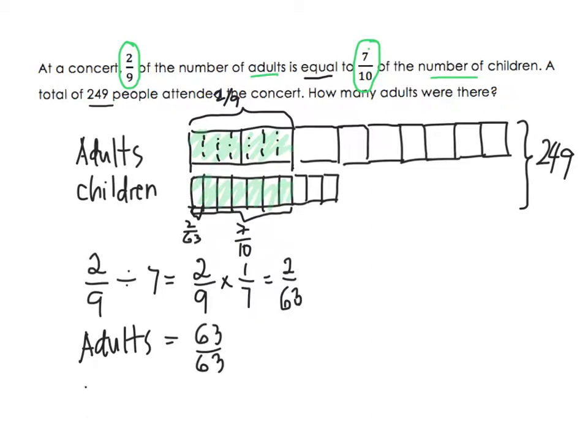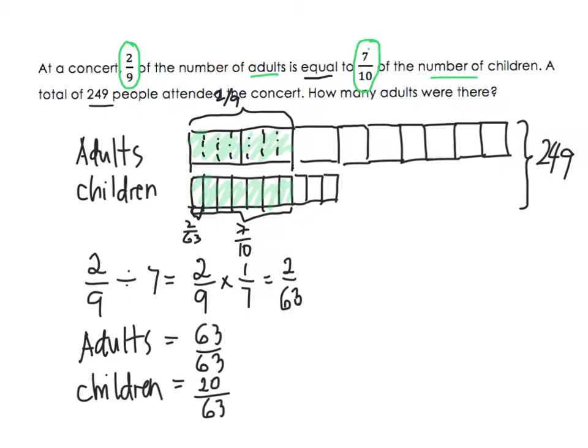And our children, if represented using the same sized portions as the adults, is 20 over 63, because there are 10 parts and each part is 2 over 63.